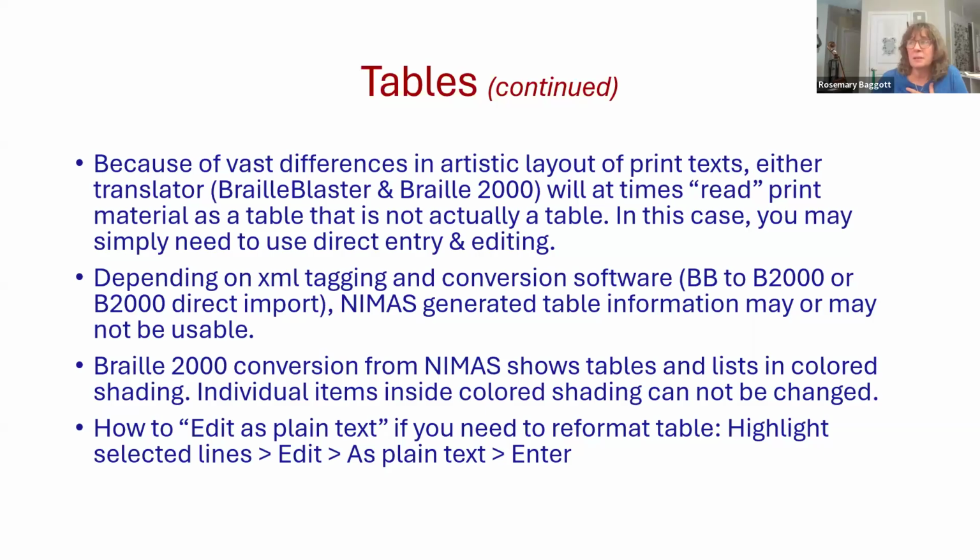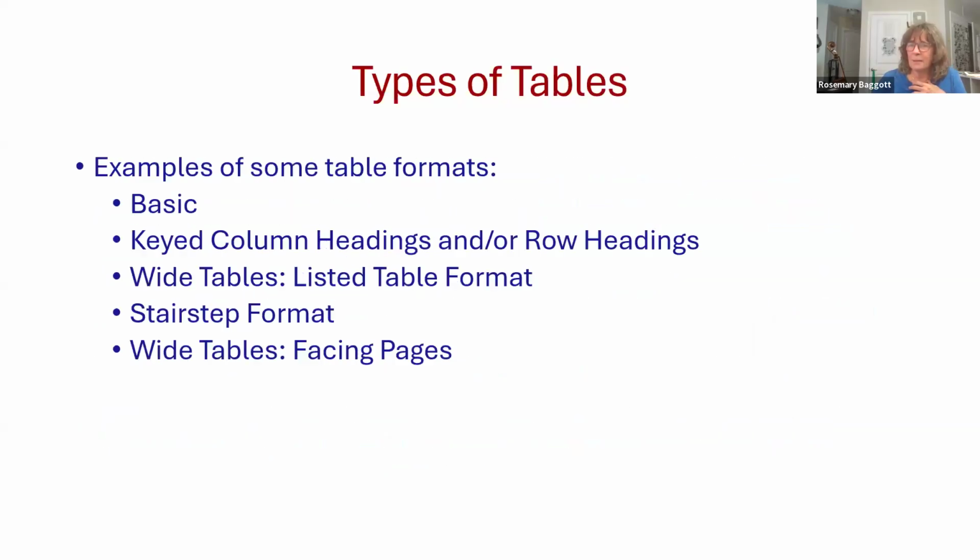Sometimes it's generally usable, sometimes it's not, and those are things I think that both programs are working on. I'll show one example of that today. You'll see two tables back to back. Tables and lists and colored shading. That's why I highlight and edit as plain text. And there are the commands for how to do that.